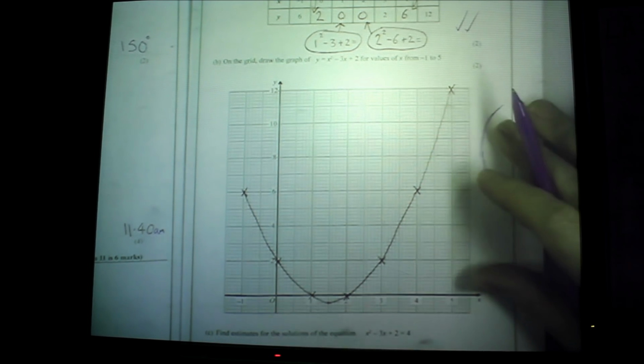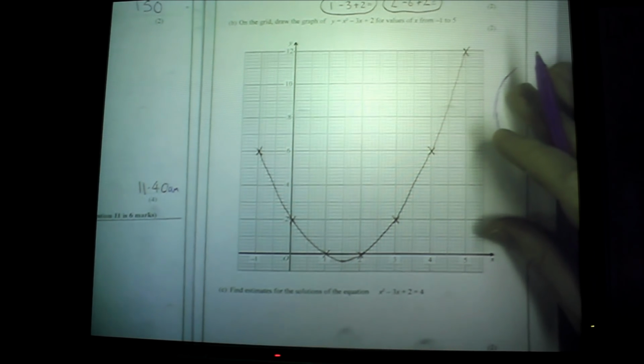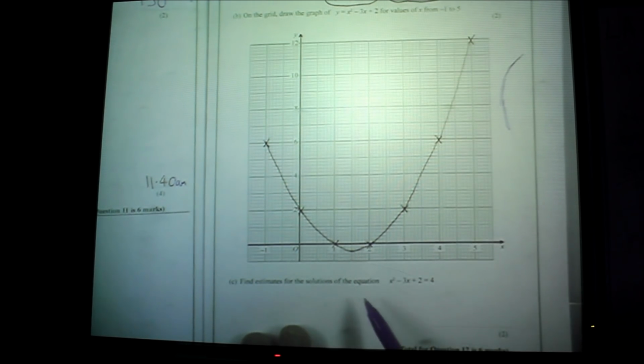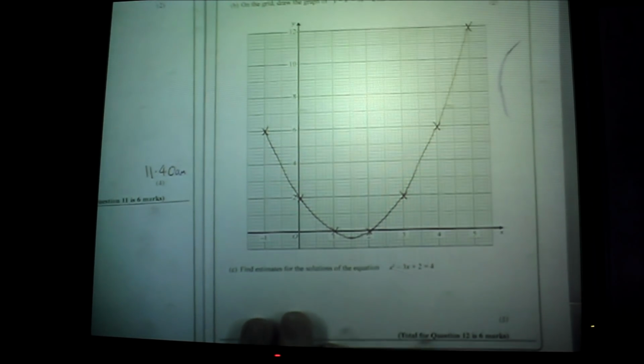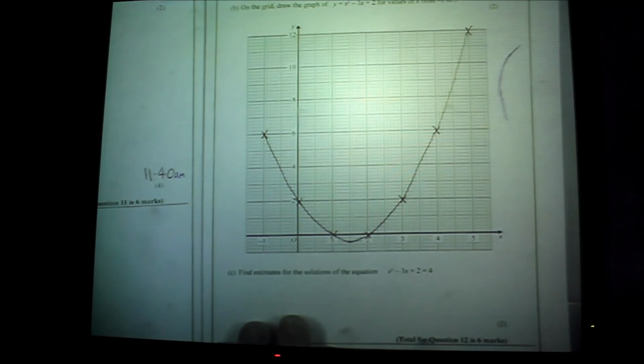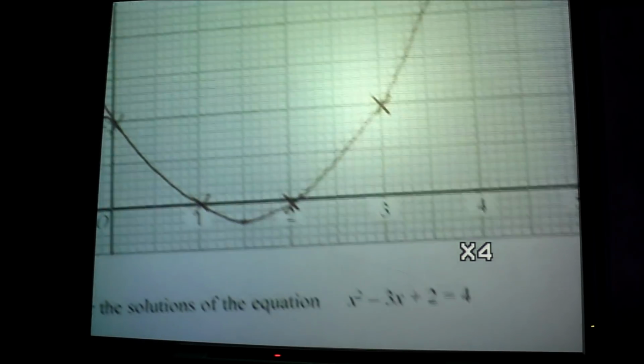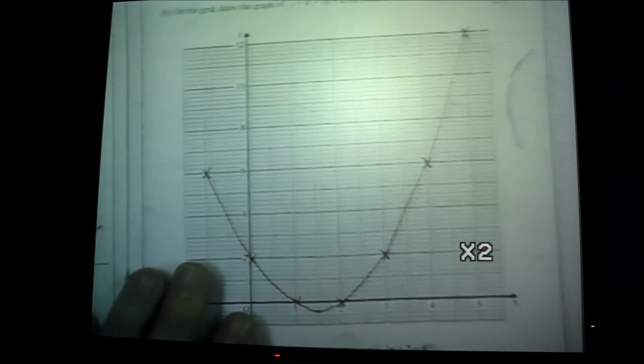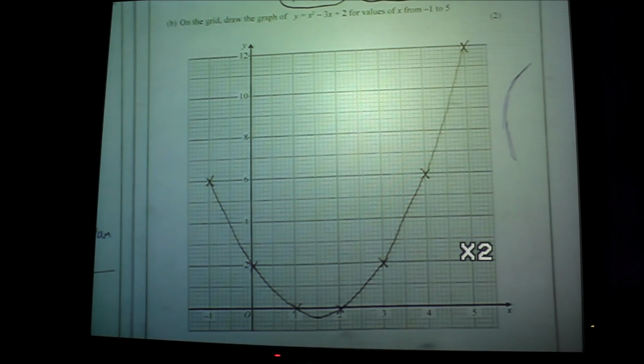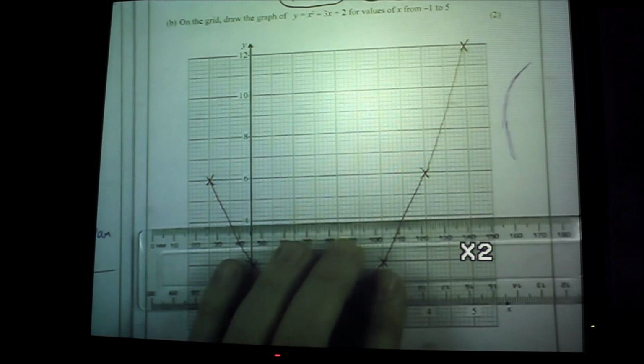Okay. What you've got to do at the end there is, it says find estimates for the solution to the equation x squared, take 3x, add 2 equals 4. Sorry, I'll zoom in, you probably read it better than I can say it. What you need to do is get your ruler, and you need to draw along where y is 4.